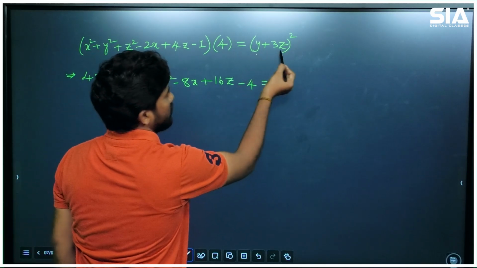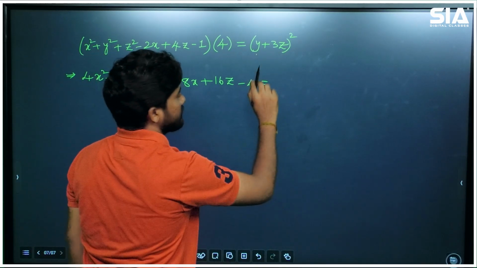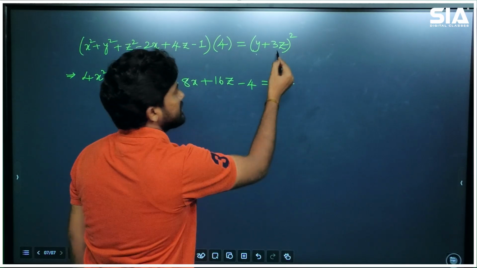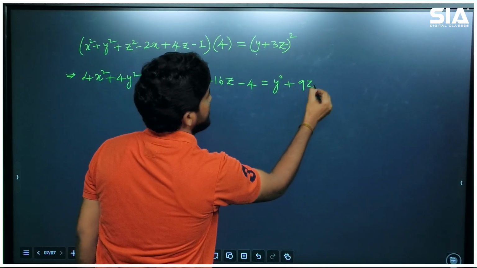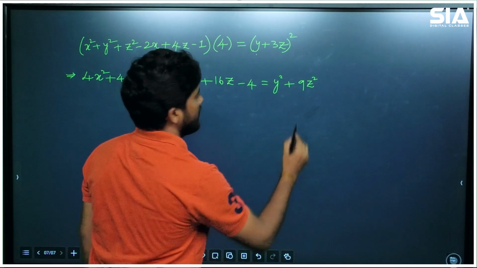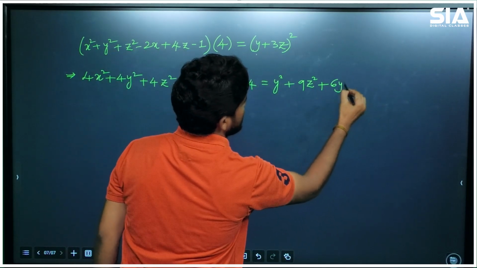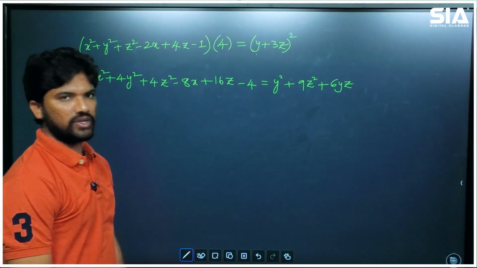So a is equal to y, b is equal to 3z: a square plus b square plus 2ab. a square means y square, b square means 9z square, 3z whole square, and plus 2ab, 2 times 3 is 6, 6yz. In this format you have to write.